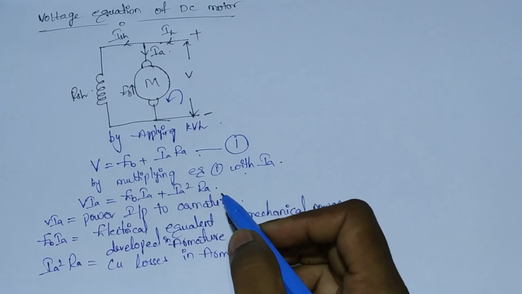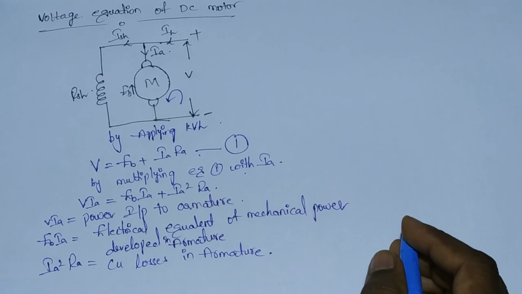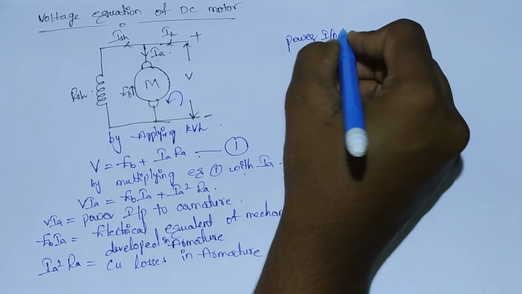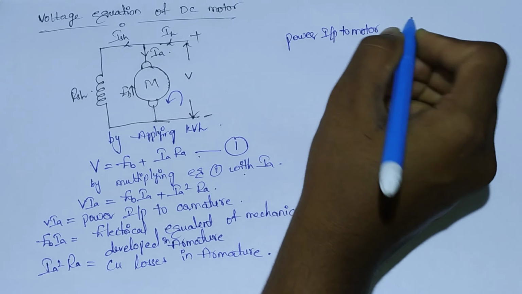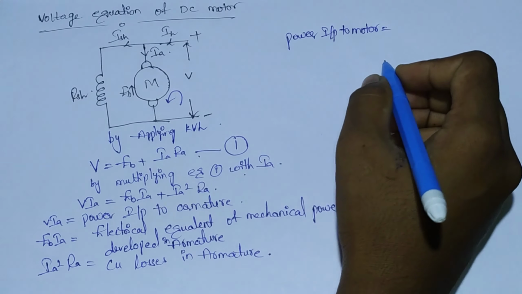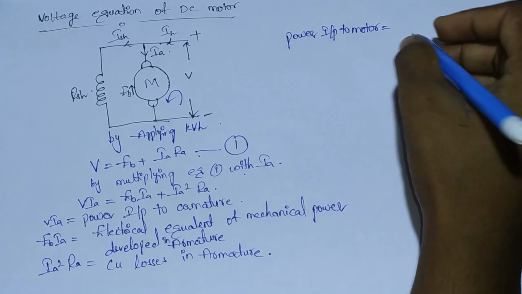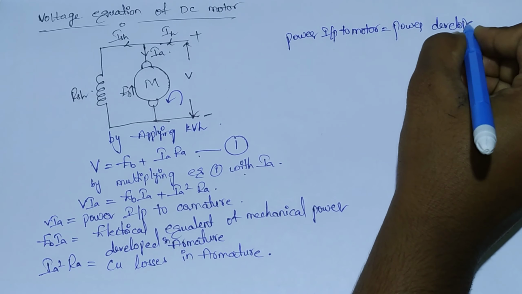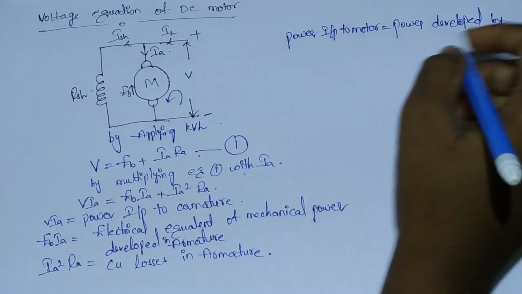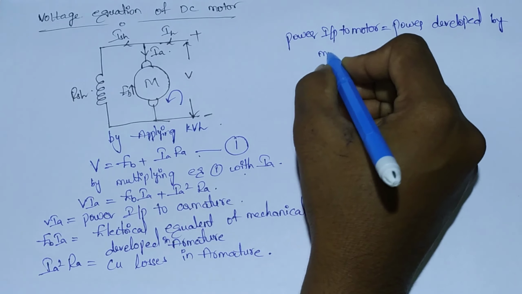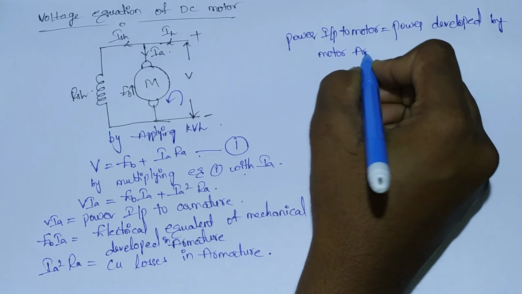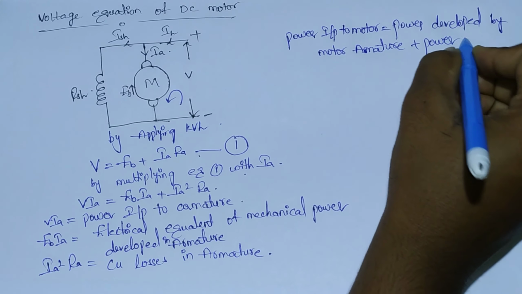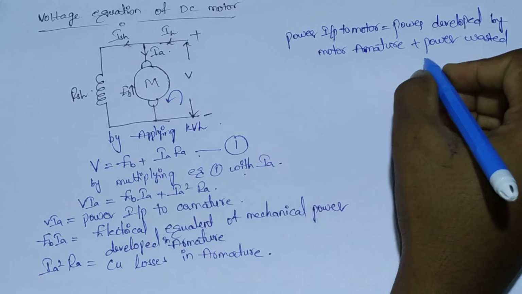So from this we conclude that the power input to the motor equals the power developed by the motor armature plus the power wasted in the armature.